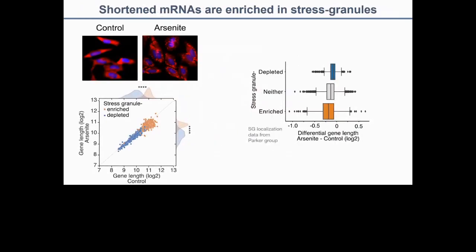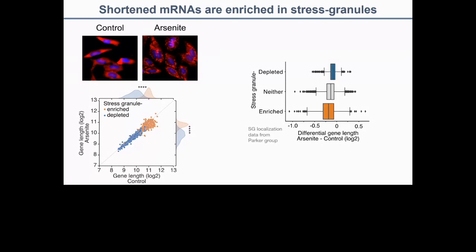So that brought us to hypothesize that maybe this has something to do with the function of stress granules. Stress granules are membraneless organelles that consist of RNAs and RNA-binding proteins and are formed upon stress conditions. Here, we just visualize the formation of the stress granules upon the treatment.